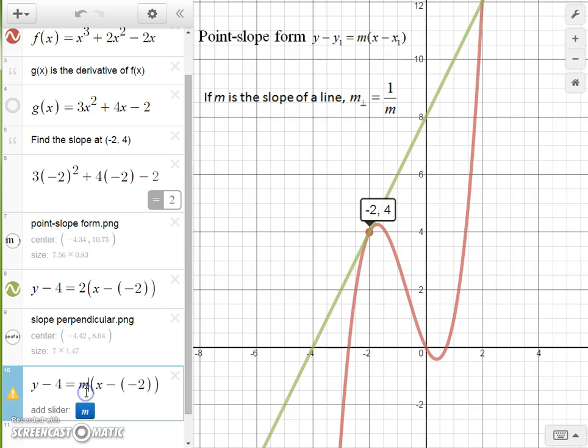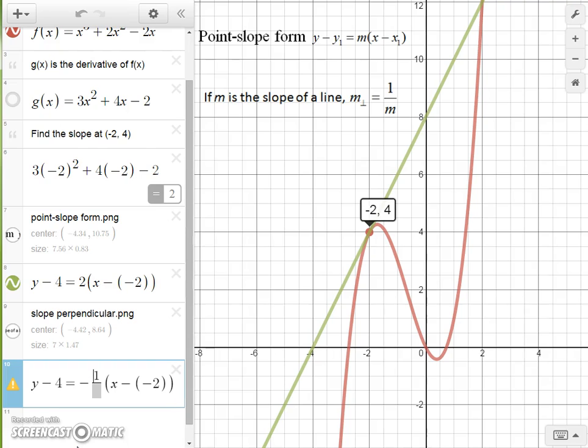Now let's go back to my slope. My tangent line has a slope of 2. So -1 over 2 gives me negative 1 over 2. And the blue line is the line that is perpendicular to my tangent line.